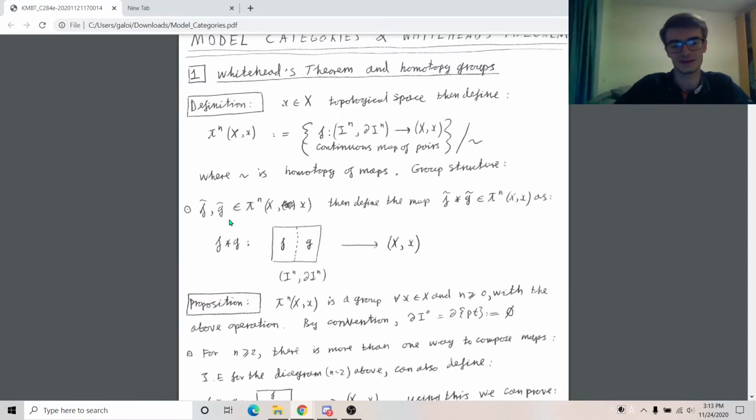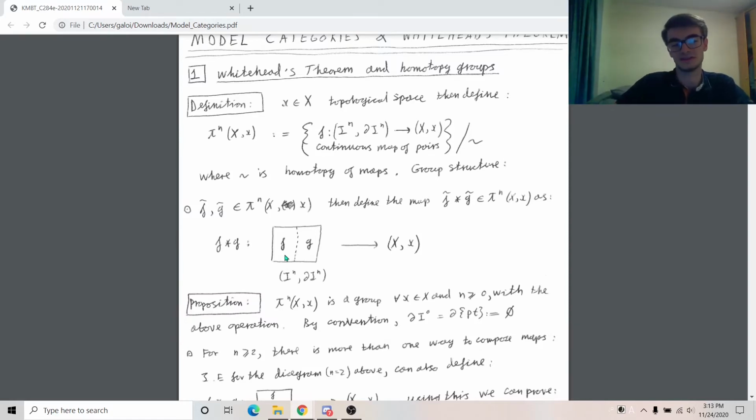If you're given two elements of the nth homotopy group at x, these are maps from the nth hypercube into the topological space, so the boundary maps to little x. Then you can find a group operation by sticking together the two hypercubes.